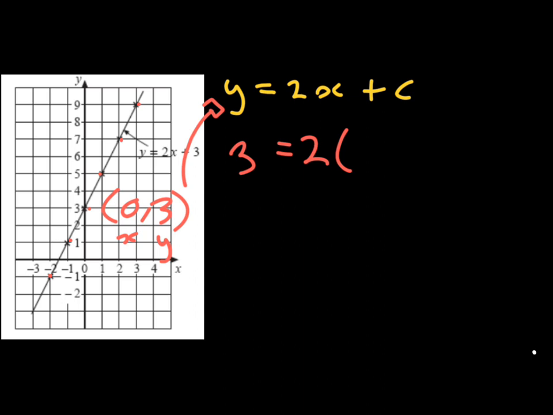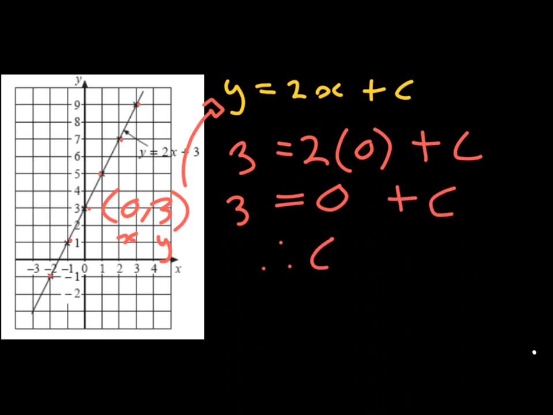So, when we're substituting it into this equation, we see that y is 3, and this equals 2. Now what was x? From our point, x is 0 plus c. And this becomes 3 equals 0 plus c. Therefore, c equals 3.